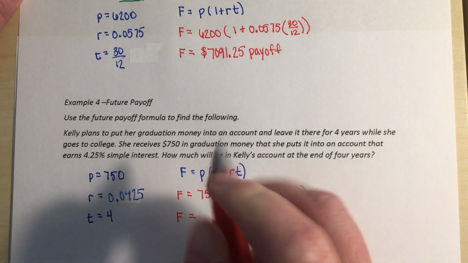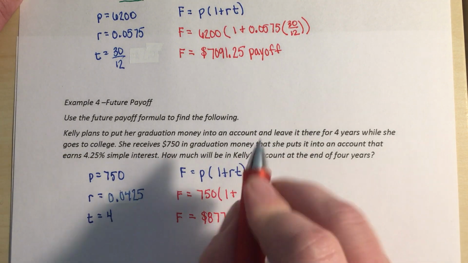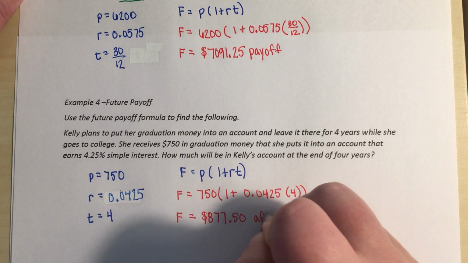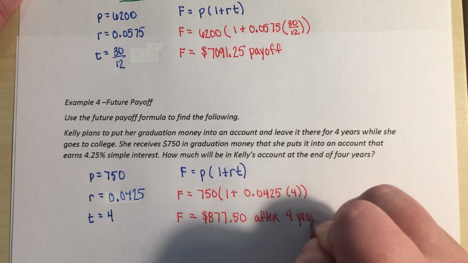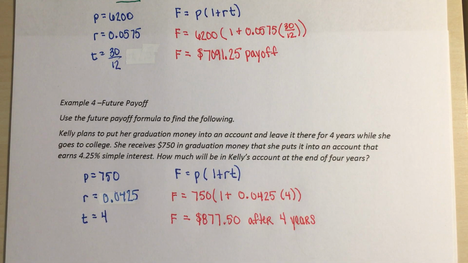F equals $877.50 after 4 years. All right, so future payoff, again, is not just our interest, but the interest plus the amount of money that was originally borrowed as our principal.